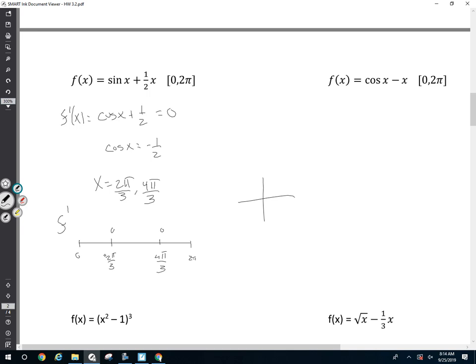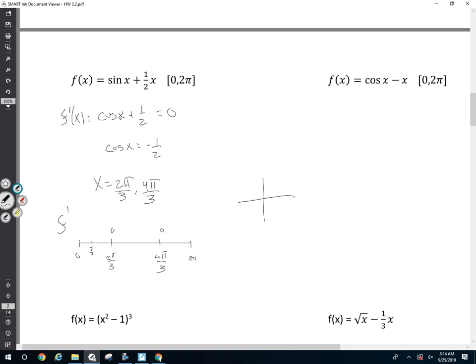This should be, no, this is right. Should be negative 2 pi over 3. So my next 0 would be negative 2 pi over 3. So I could use 0. But if you're not comfortable using 0, you could use something like pi over 6 or pi over 3. Or even pi over 2. I might as well use pi over 2. Pi over 2 is between 0 and 2 pi.